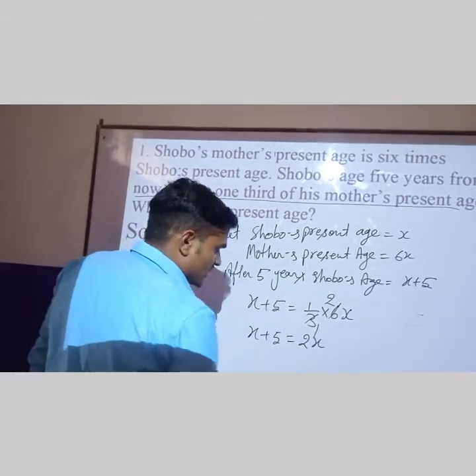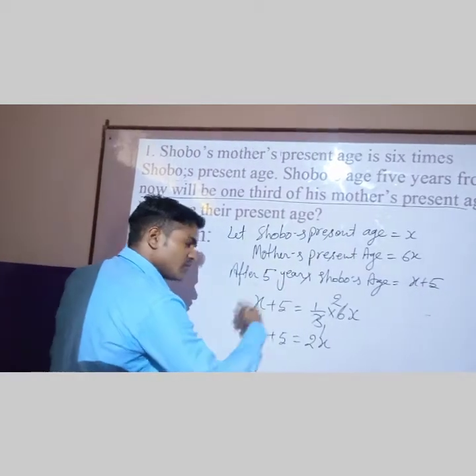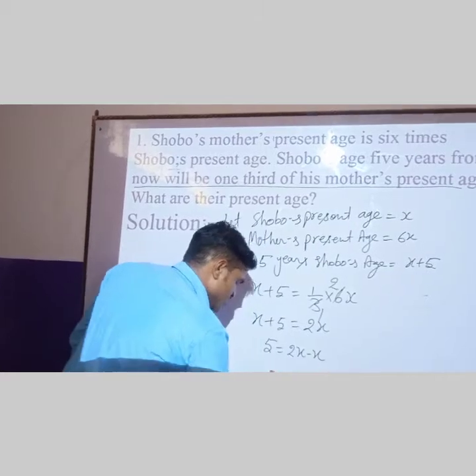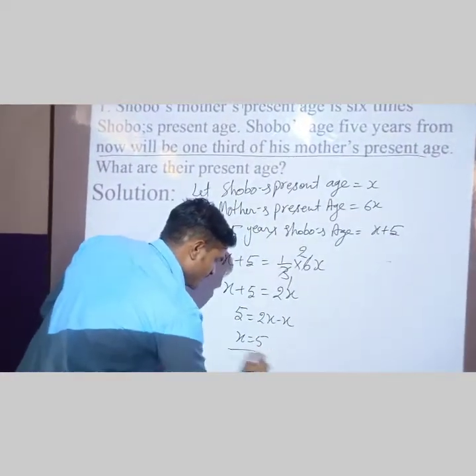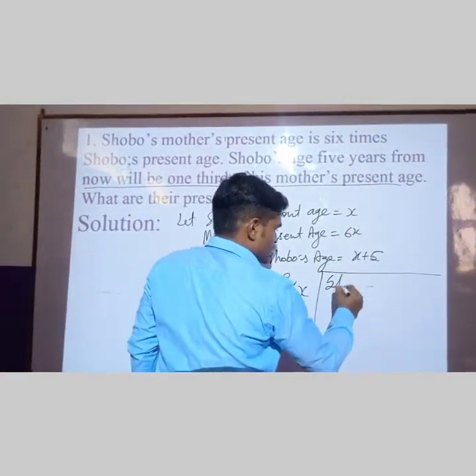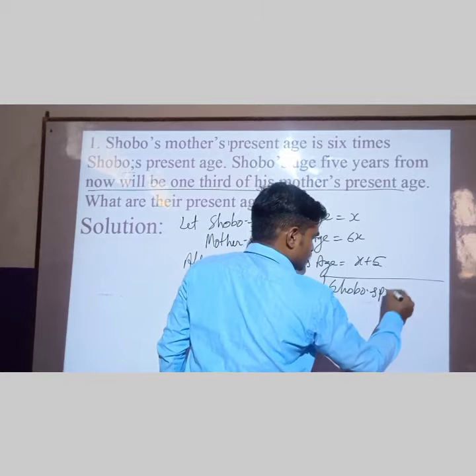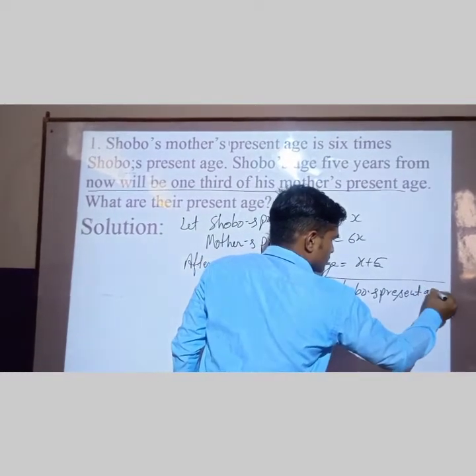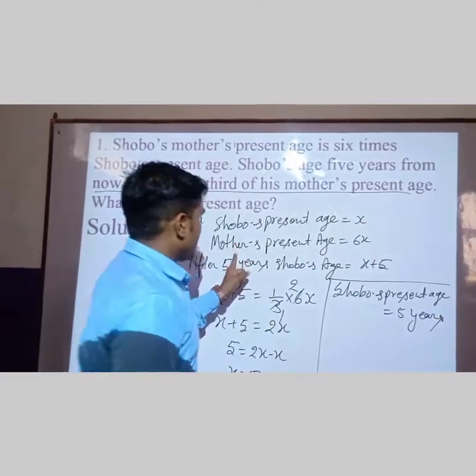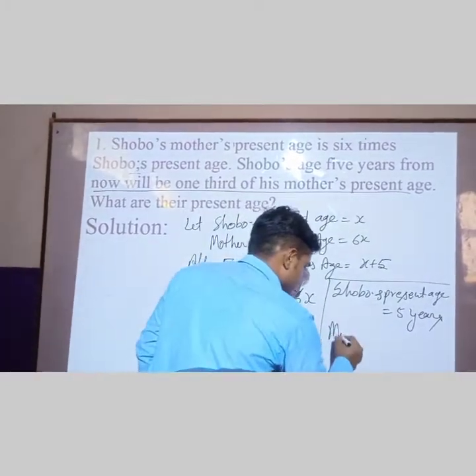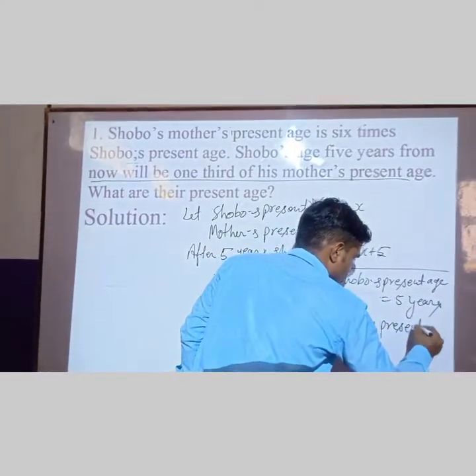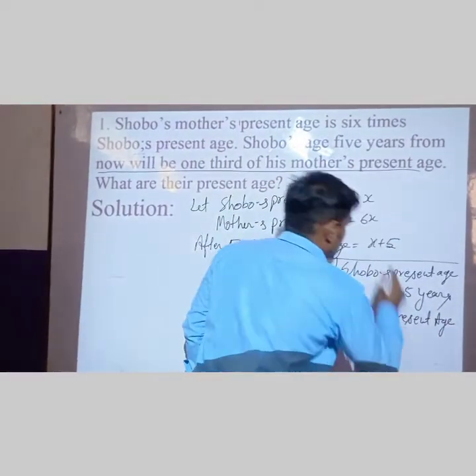Now we have to find the value of x. So transpose the x from left to right. So we get 5 is equal to 2x minus x. So students, x is equal to 5. It means Shibu's present age is equal to 5 years, and mother's present age is equal to 6x.